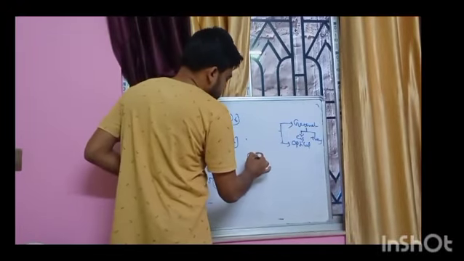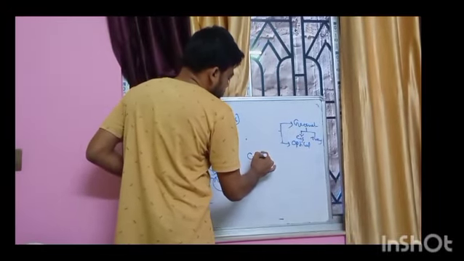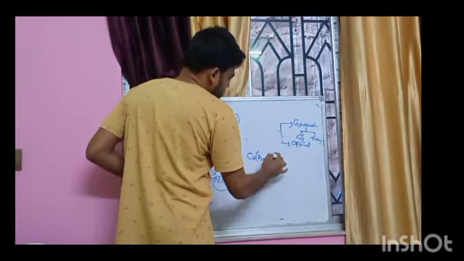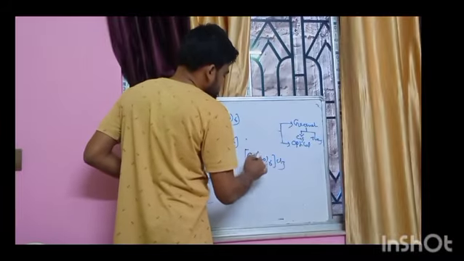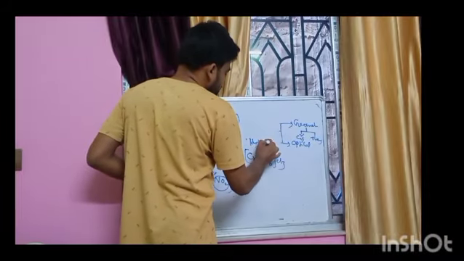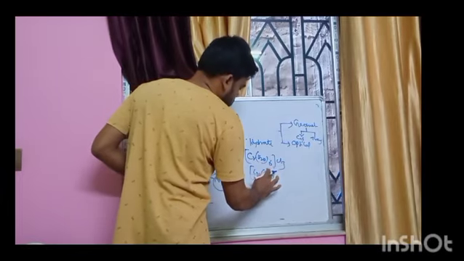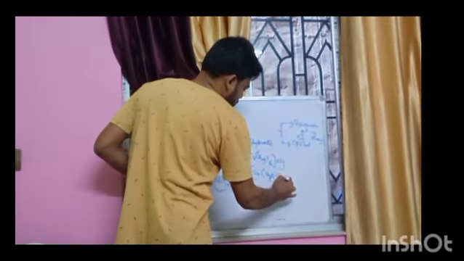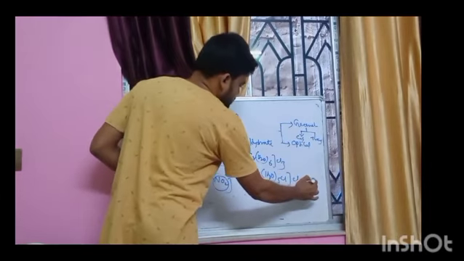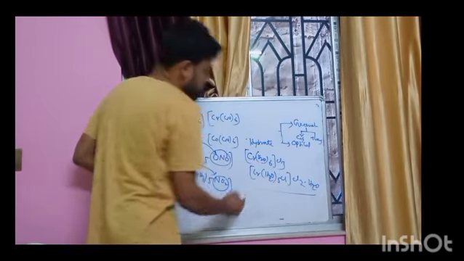And one is hydrate isomer: [Cr(H2O)6]Cl3 and [Cr(H2O)5Cl]Cl2·H2O.